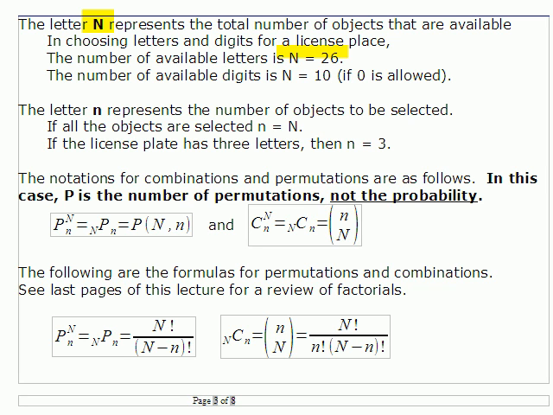The total number of digits available is 10, if zeros are allowed, otherwise it'd be 9. Big N is the total number of objects available. Little n represents the number of objects that you're going to select. Say the license plate has 3 letters, then little n equals 3, while big N equals 26. If you're going to select all of the objects, then little n is equal to big N.